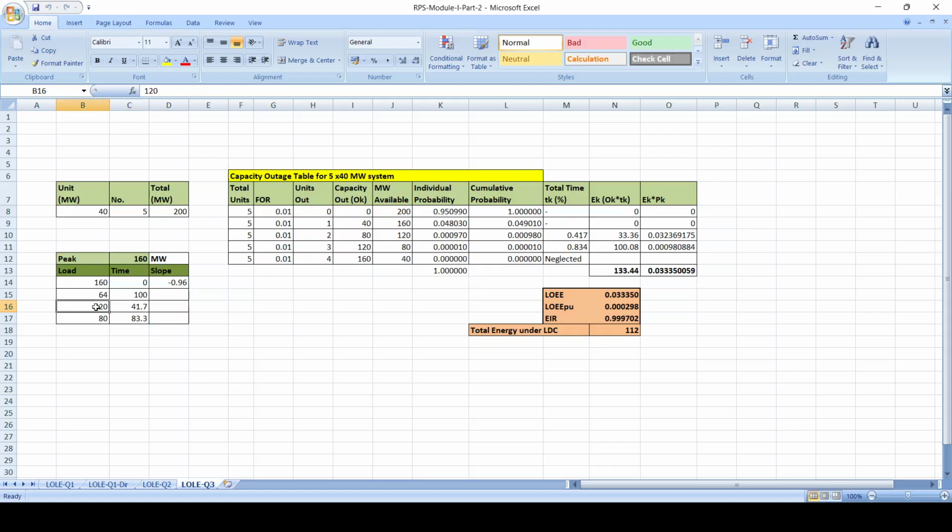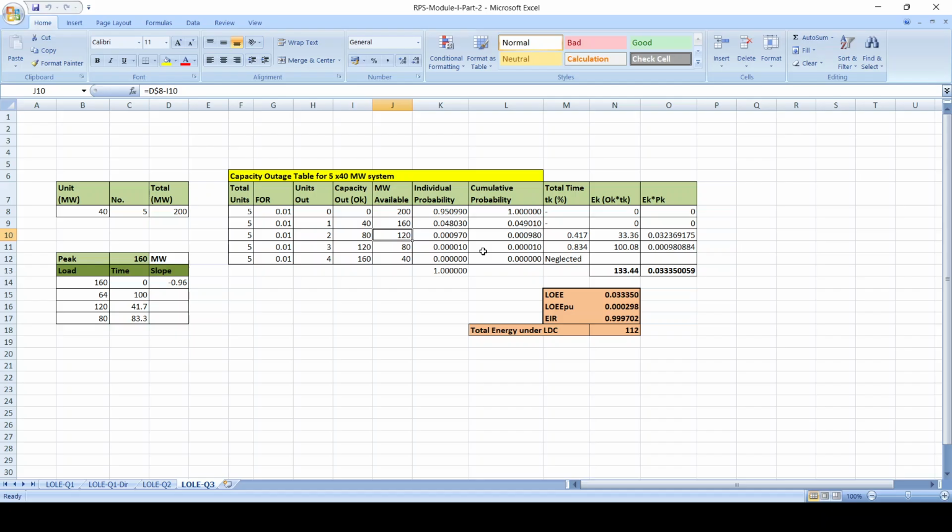So we are considering various loss of load scenarios. Okay, so as you can see here, megawatt available is 200. So 200 megawatt available, we are not bothered about, no loss of load occurs. 160 megawatt is the peak load. Okay, so until 160 megawatt is available, there is no loss of load. Now when 120 megawatt is available, there is a certain loss of load.